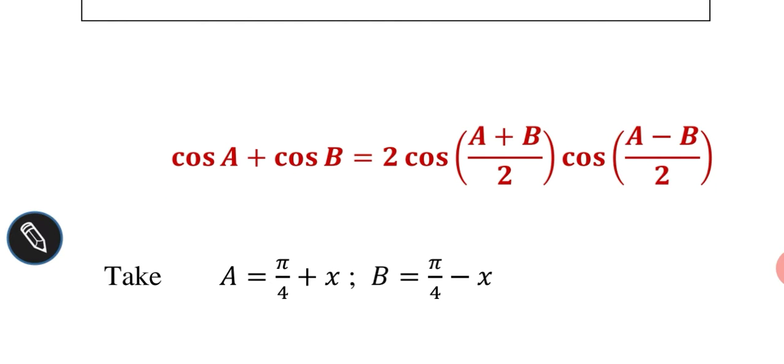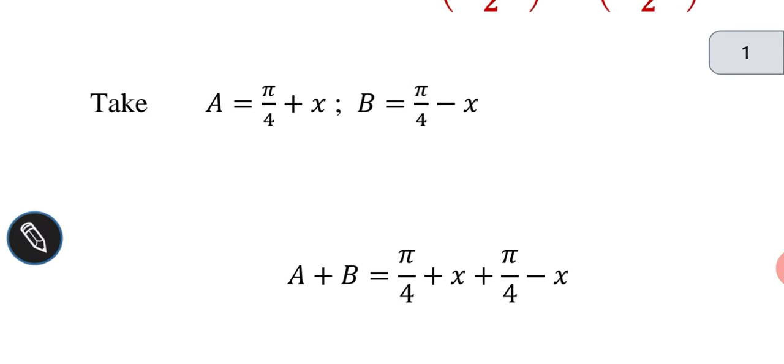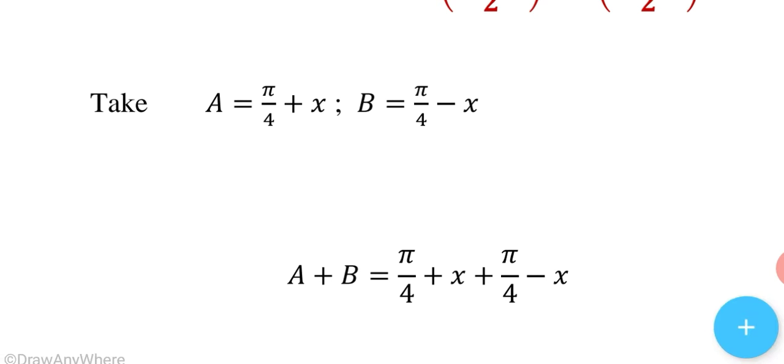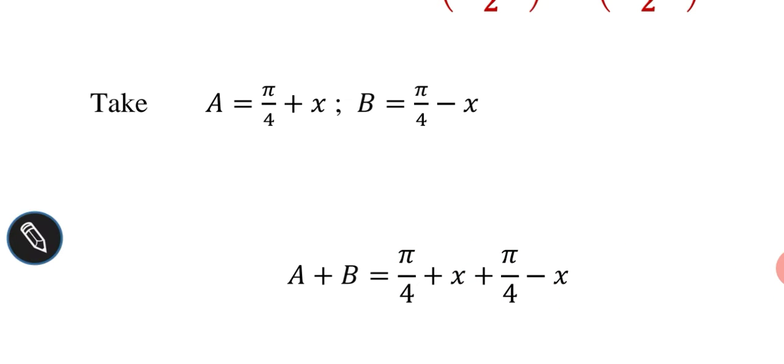So a is equal to pi by 4 plus x, b is equal to pi by 4 minus x. First we are going to find the value of a plus b. A plus b is equal to pi by 4 plus x, this is a, plus pi by 4 minus x, this is b. Now plus x minus x gets cancelled.